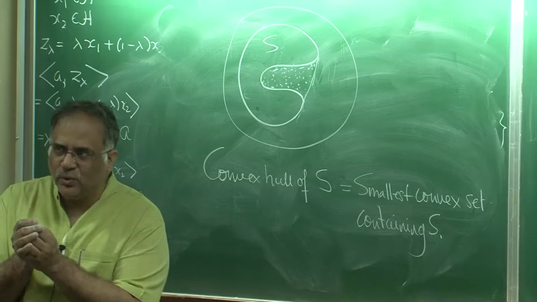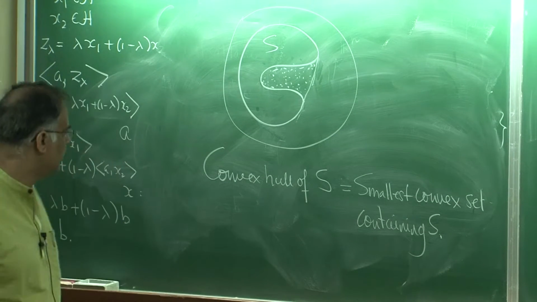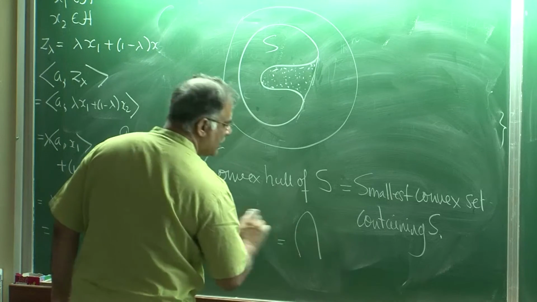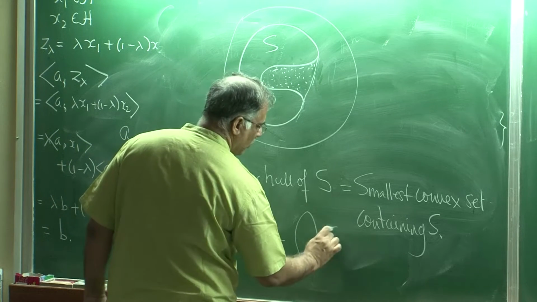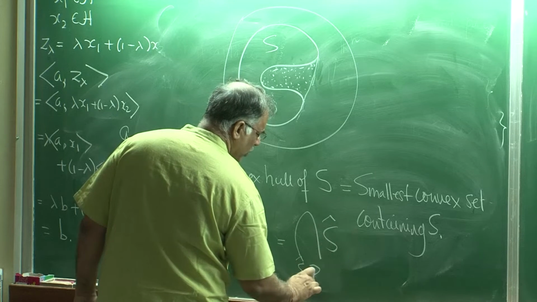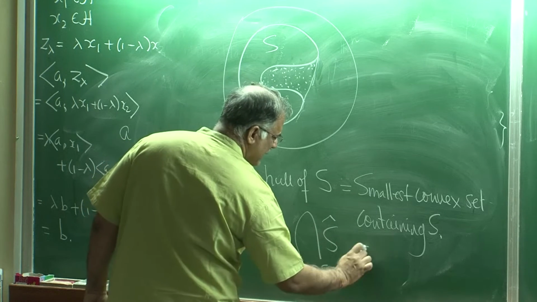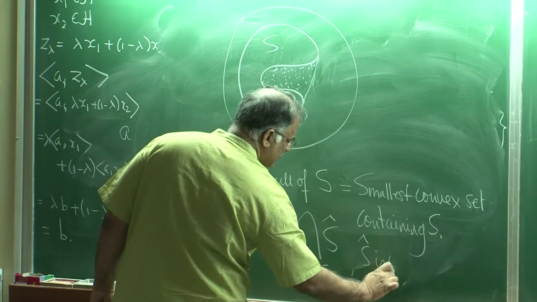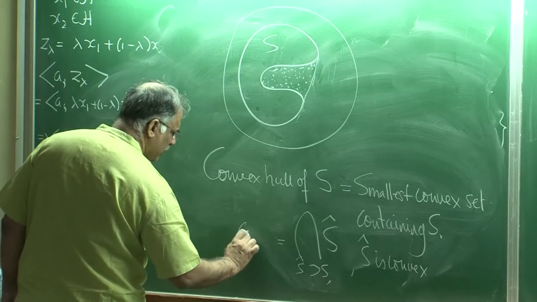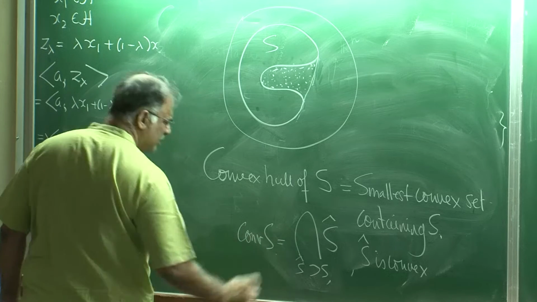Only in the smallest one will it fit tightly. Basically, I can write this as the intersection of all S hat, where S hat contains S and S hat is convex. So, this is the convex hull. As usual, we use the symbol conv S.